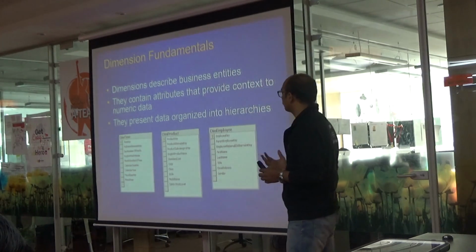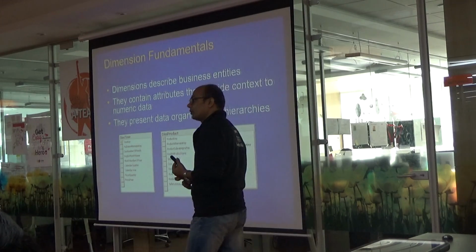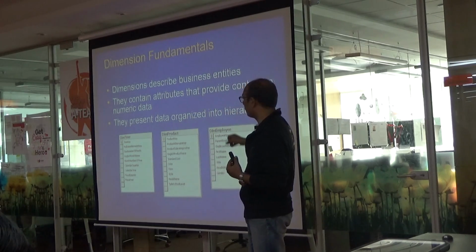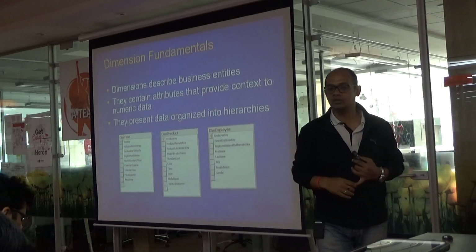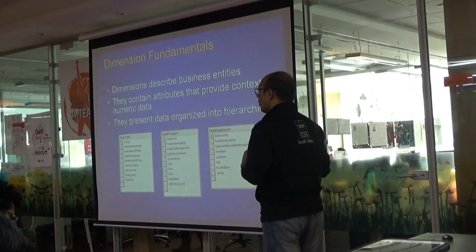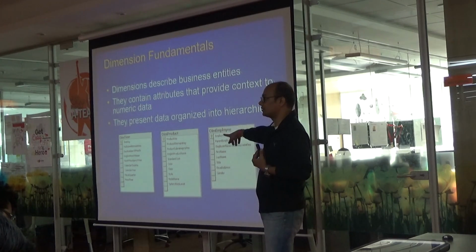There are a lot of things that go in there, like figuring out the dimensions required for your business, and how you actually define what your dimension is. It is basically defined by the word "by". If my user says, I want my reporting by product, then product is going to be one dimension.